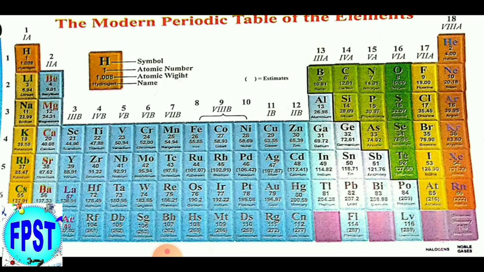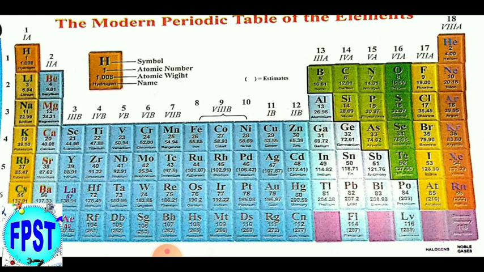For boron, 1s2 2s2 2p1. For aluminum, 3p1, in this manner. And also, while going down in a group, the elements have the principal quantum number in increasing order.